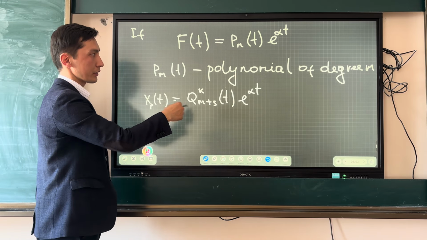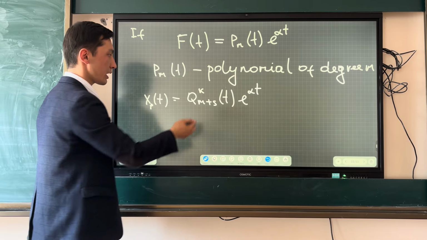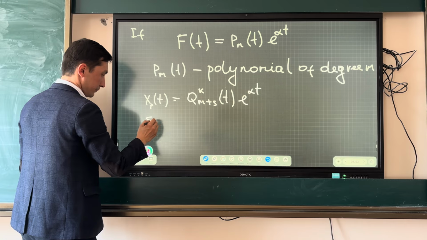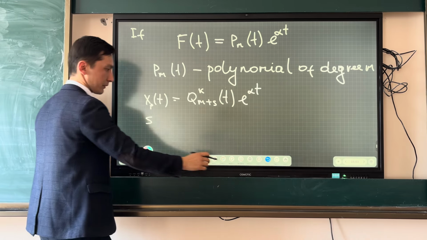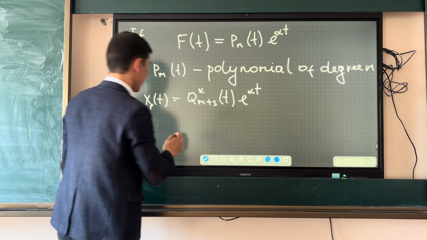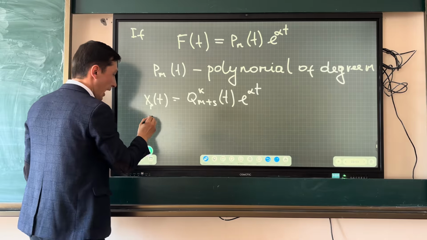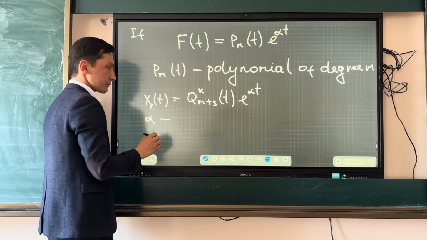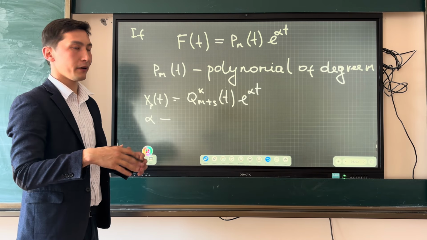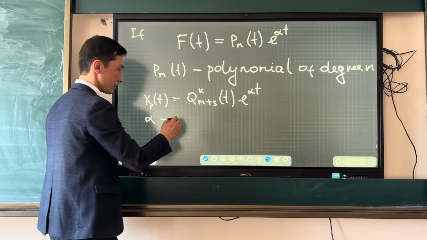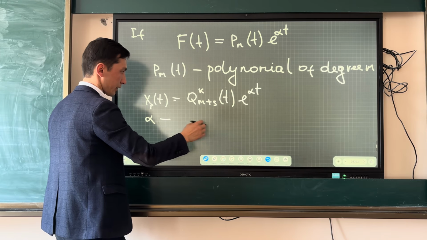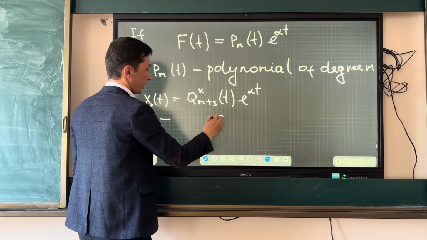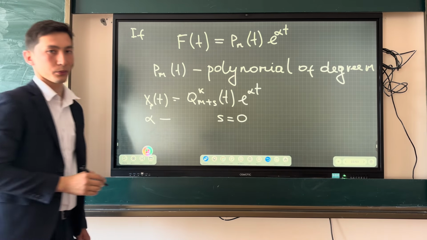Here, Q is also a polynomial of degree m plus s. If alpha is not a root of the characteristic equation, then s equals 0.